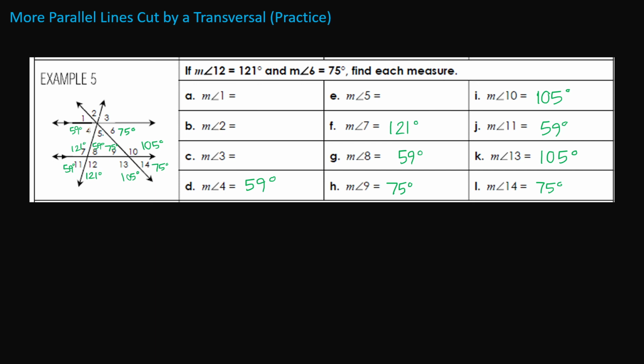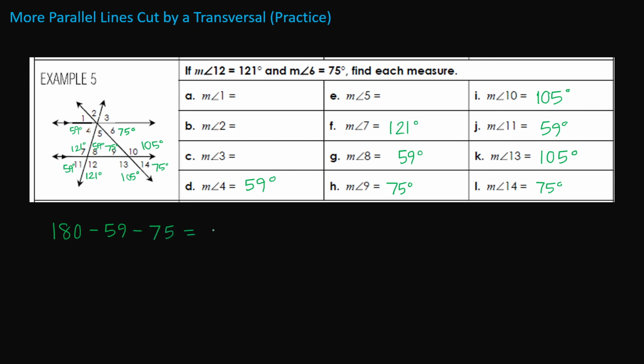Okay, let's figure out angle 5. Notice that angles 5, 8, and 9 form a triangle. So we know that the sum of the angles in any triangle is 180 degrees. So we take 180 minus our given angles. That's 59 degrees for angle 8 and 75 degrees for angle 9.